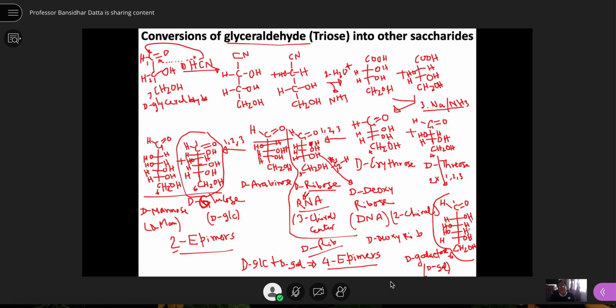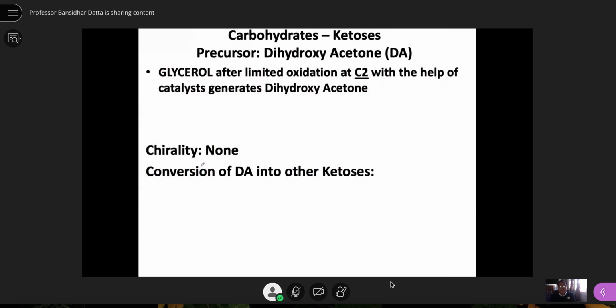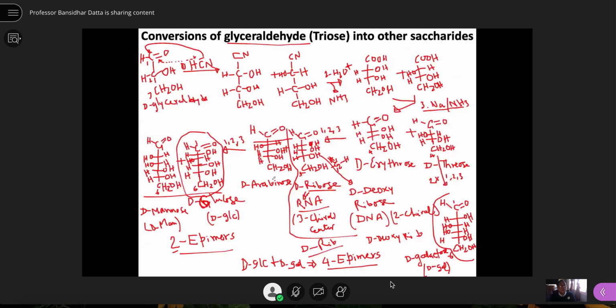C4 has a hydroxyl group on the left-hand side in galactose, and glucose has hydrogen on the left-hand side. So that's the configuration difference in C4. That's what they call C4 epimers.